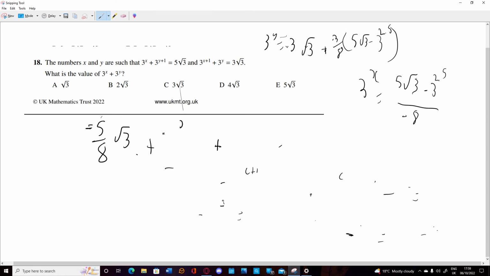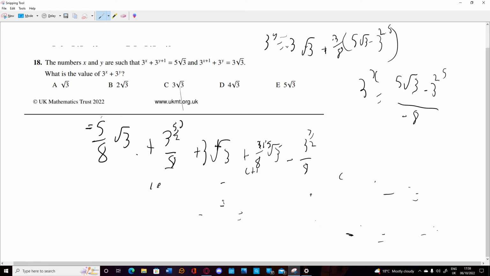add 3 to the 5 over 2 over 8, add 3 root 3, add 3 over 8 or 15 over 8 root 3 minus 3 to the 7 over 2 over 8.